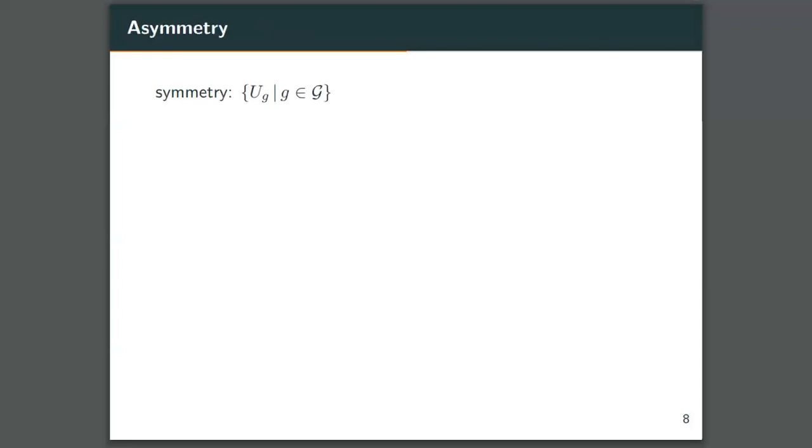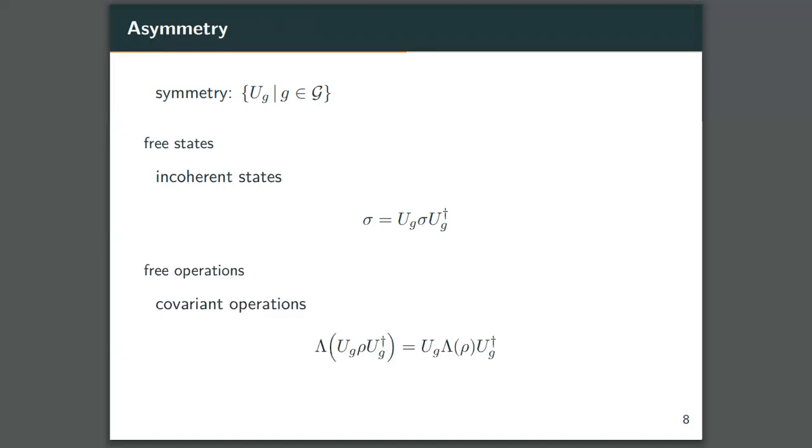In the original formulation, it's about symmetry. You have a group that describes your symmetry, with a unitary representation. The free states are symmetric states, so they are symmetric under the action of the unitary. Free operations are covariant operations.